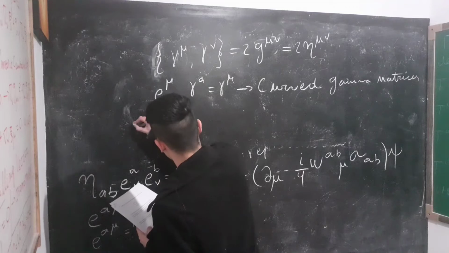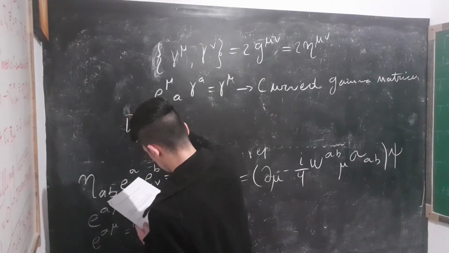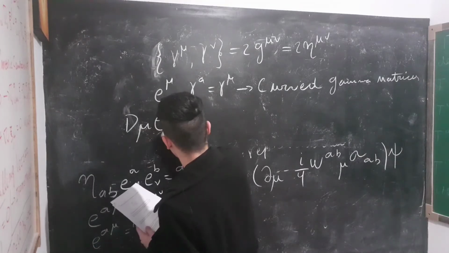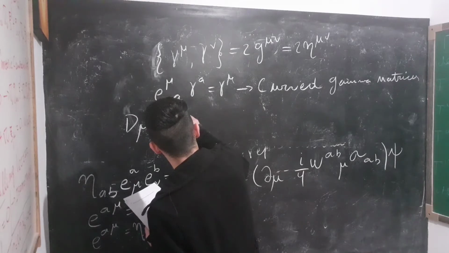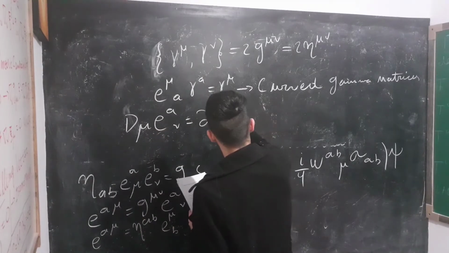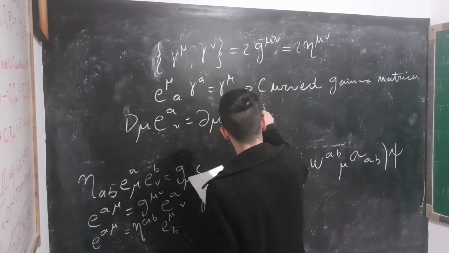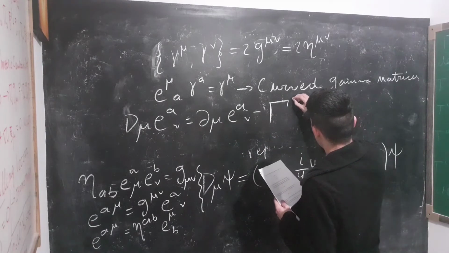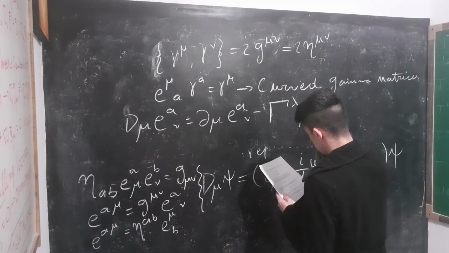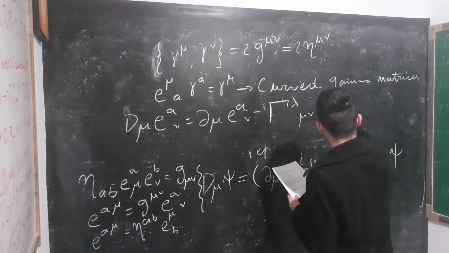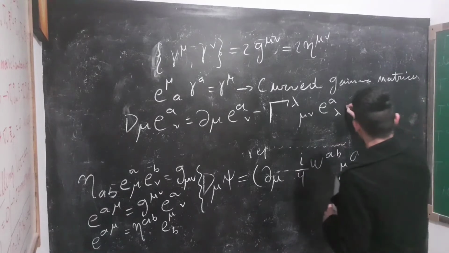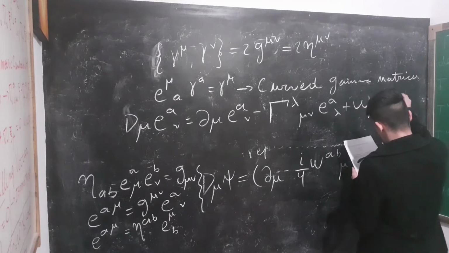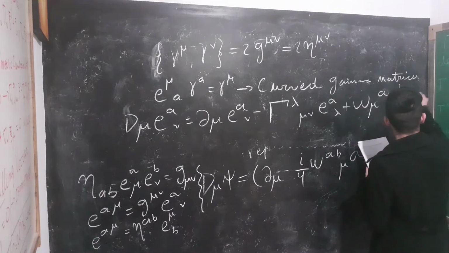If I have capital D mu of e A nu, that's equal to the ordinary derivative of e A nu minus the capital gamma lambda mu nu e A lambda plus omega mu A B e B nu, and that's equal to 0.